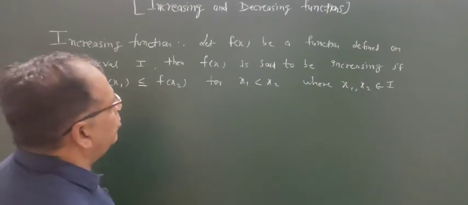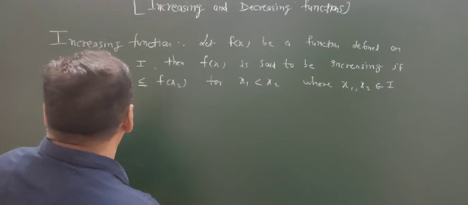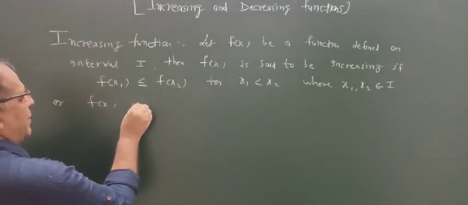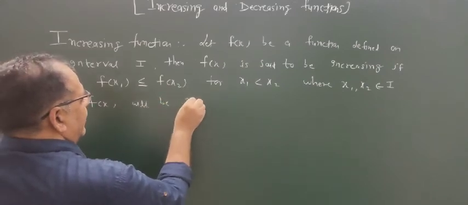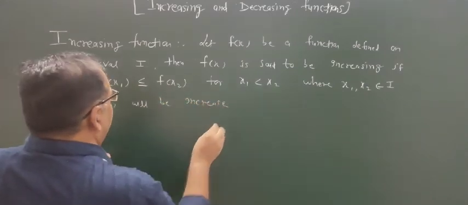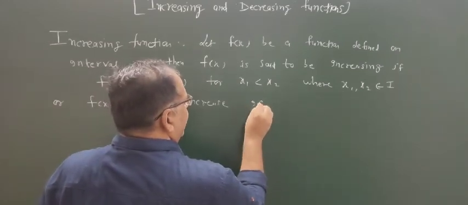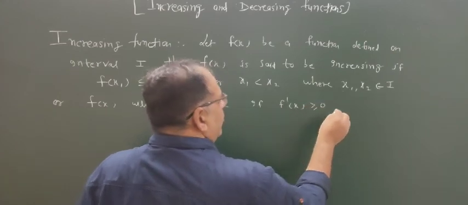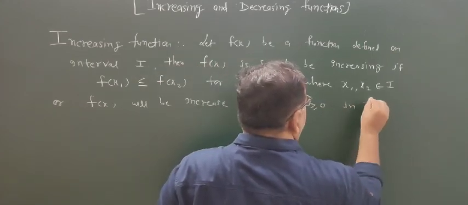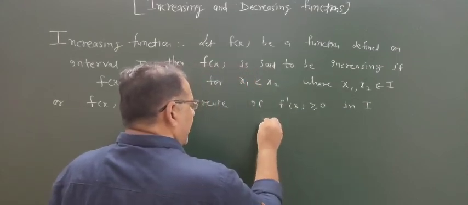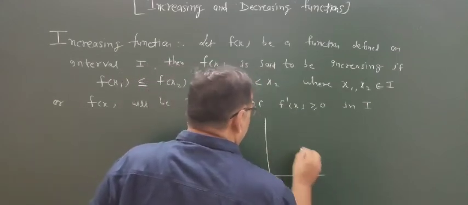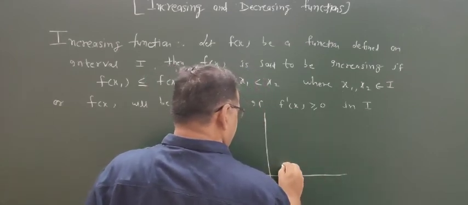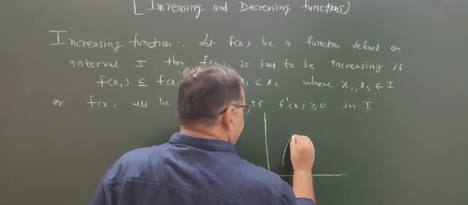If we go through the differential method, f(x) will be increasing if f'(x) is greater than or equal to 0 in I. If we go through a graphical approach, suppose the graph of the function is given.